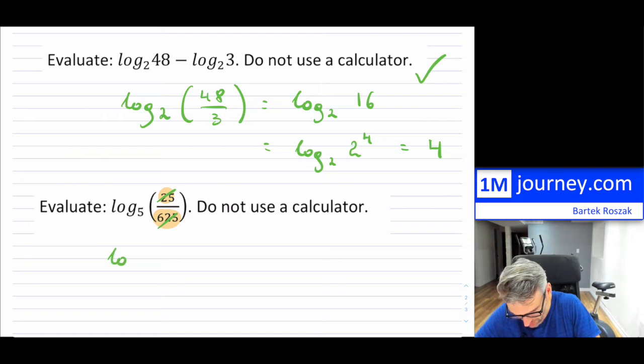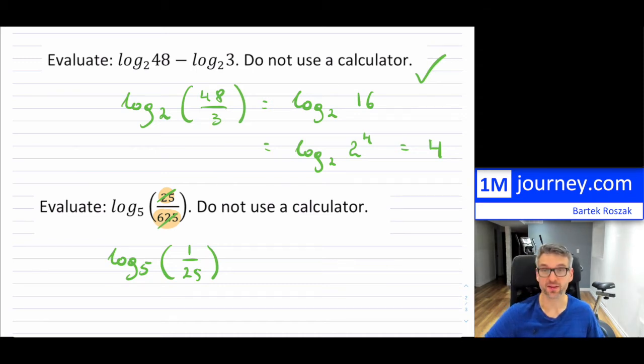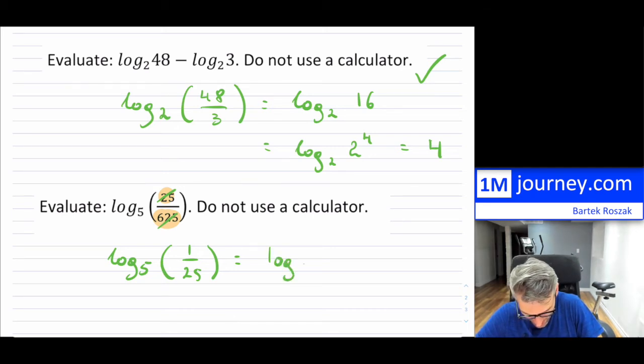So this is going to be log base 5 of 1 over 25. That's that. So that's equal to, and notice, I guess log base 5 of 1 minus log base 5 of 25.